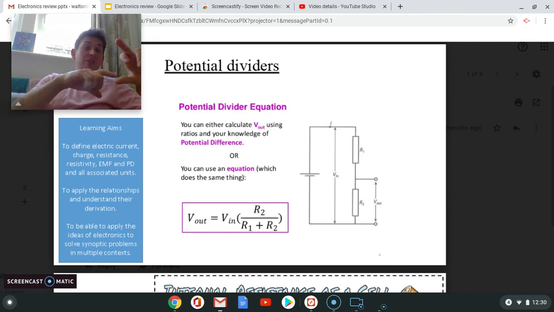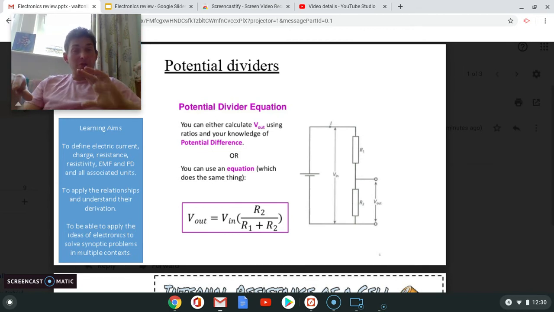The length you have chosen will give you an output voltage which is in direct proportion to the length as a fraction of the total length. So let's say you choose half of the length, you'll get half the voltage output. If you choose 3/4 of the length, you'll get 3/4 of the voltage output.